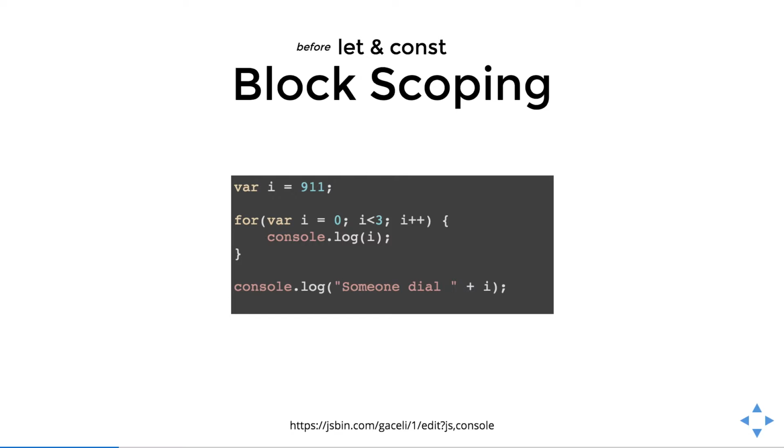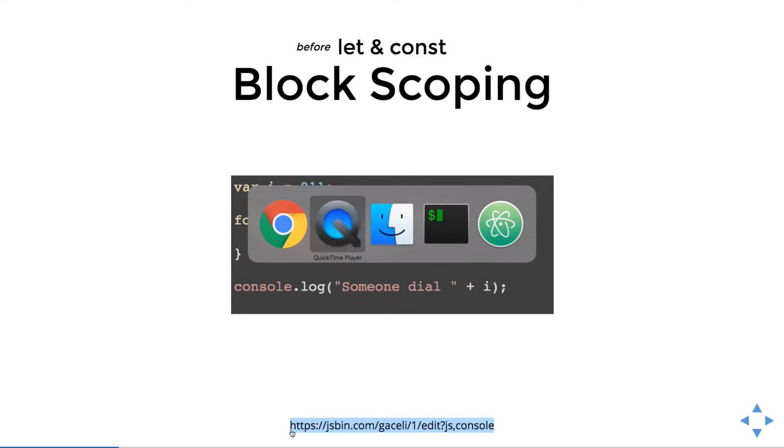Look at line 1. It's declared, and there's an implicit function scope here, whether this is a module or a file or the window, whatever the case may be. So i is reassigned on line 3 and incremented as it progresses through the loop. So for now, someone dial 2. Doesn't it puke on the re-declaration?